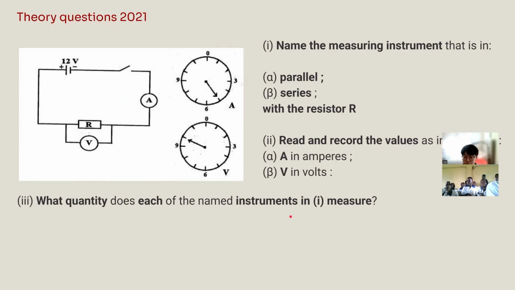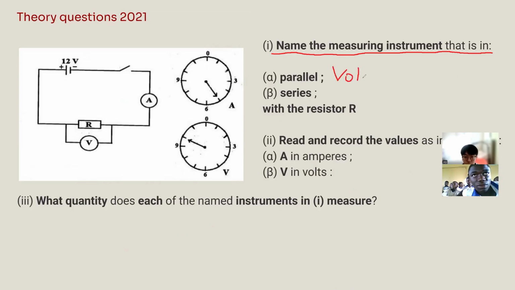Let's answer this theory question with voltmeters and ammeters. So, number 1, name the measuring instrument that is in A, parallel, B, in series with the resistor. What would be parallel? The A is voltmeter.